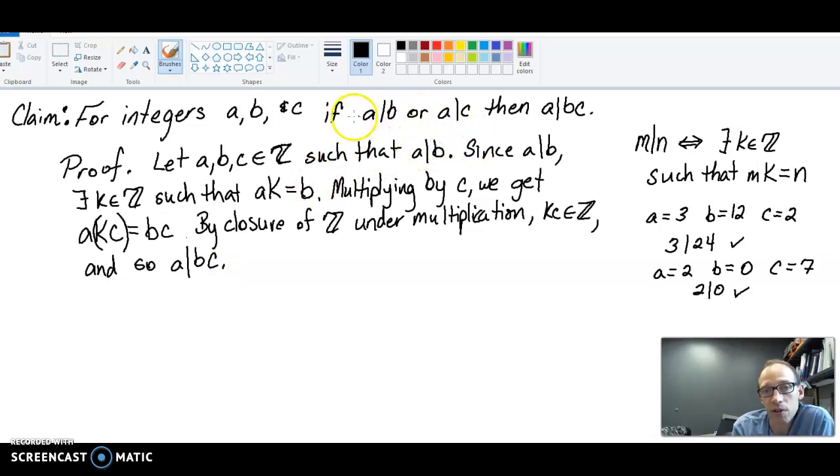And again, it was either one of these were true. If a divides c instead of a divides b, we would use the same exact proof. So it's without loss of generality, this would be true in either case. And so you have your nice proof symbol there, and you are done.